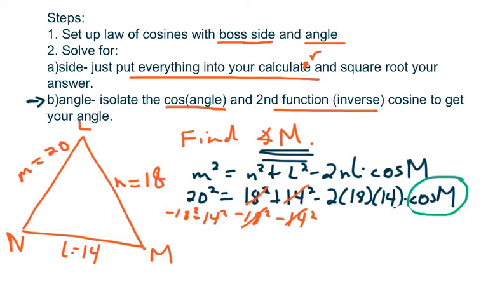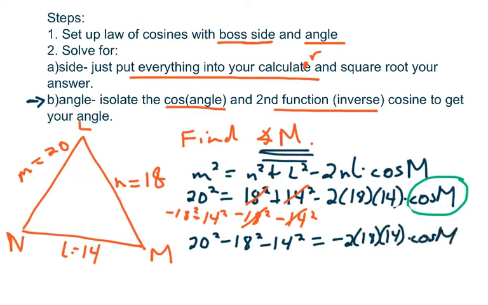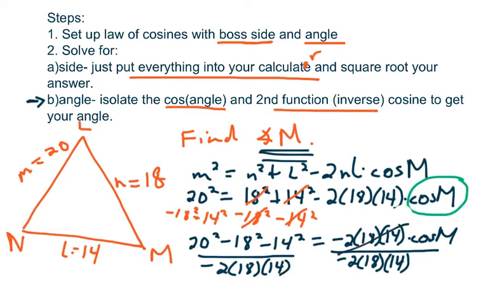So on our left-hand side now, we're going to have 20 squared minus 18 squared minus 14 squared equals negative 2 times 18 times 14 times the cos of M. So now you can see how, in order to get cos M by itself, we have to divide by that negative 2, the 18, and the 14. So that cancels there.